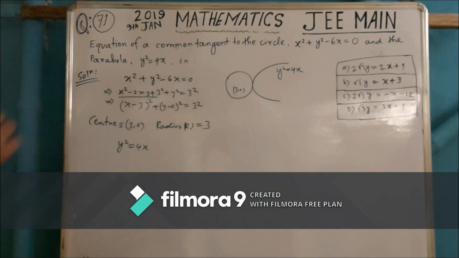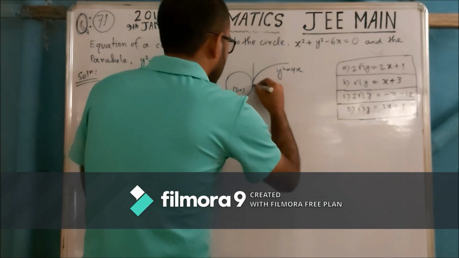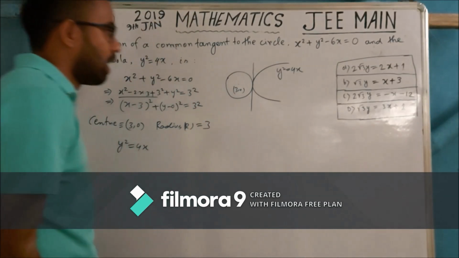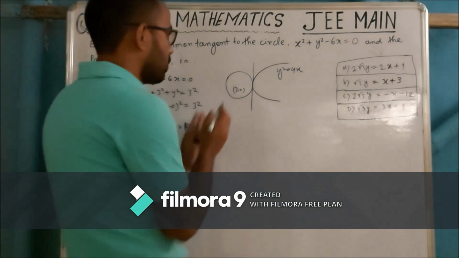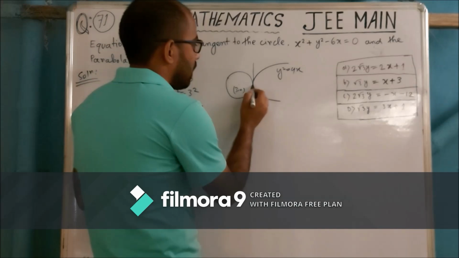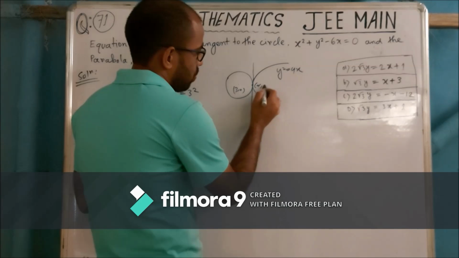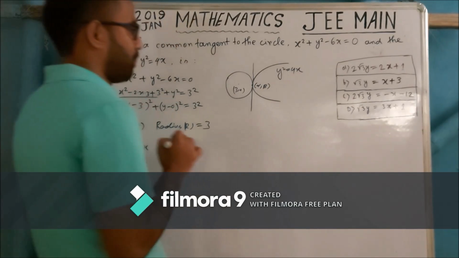We now find the common tangent. Suppose this line is the common tangent, and this line touches both curves at this point, suppose (alpha, beta).